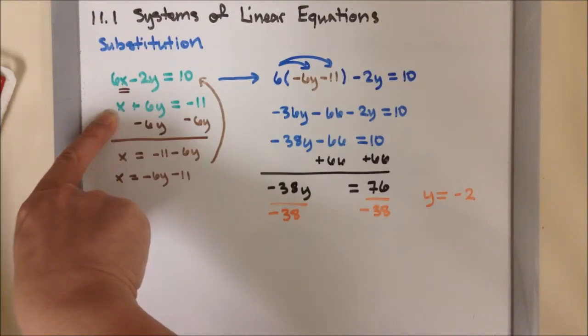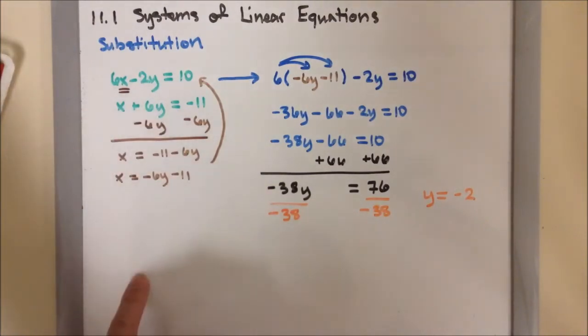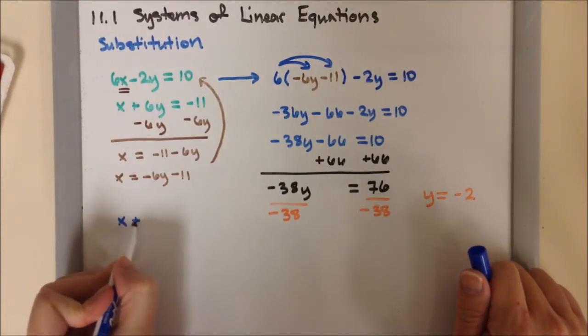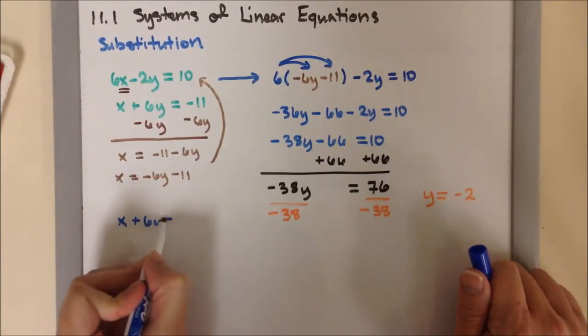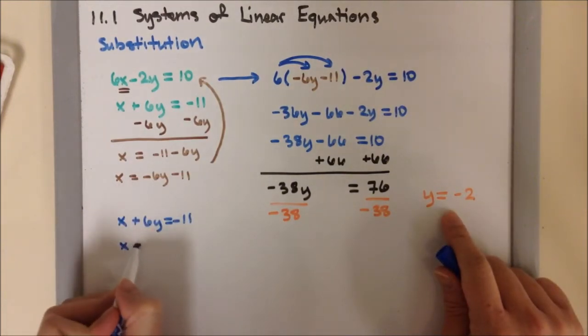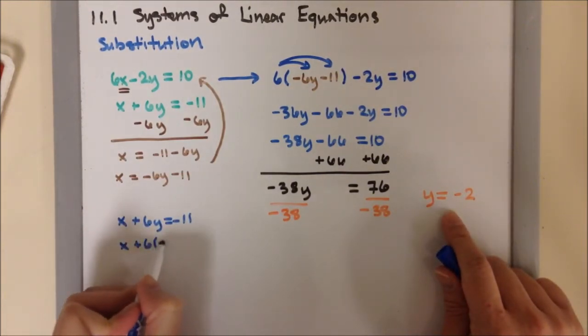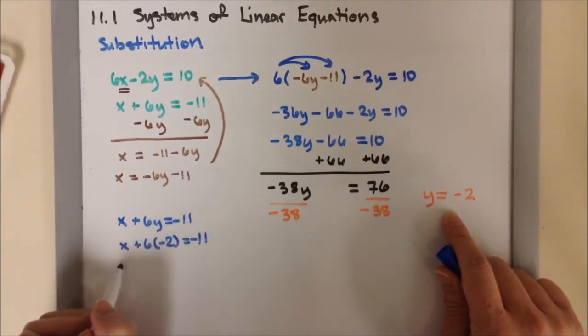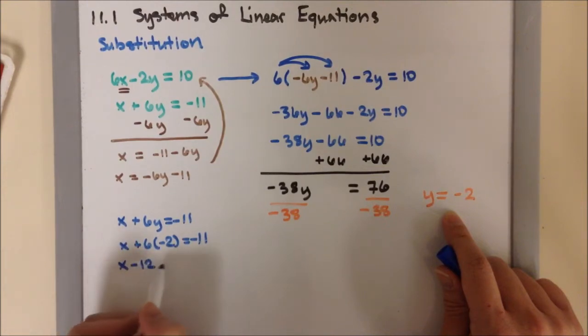So I'm going to write the work here: x plus 6y equals negative 11. So I'm going to plug in negative 2, so it's going to be x plus 6 times negative 2 equal to negative 11. So I'm going to have x, negative 2 times 6, that's going to be minus 12 equal to negative 11.